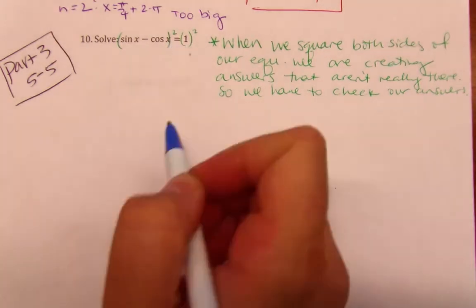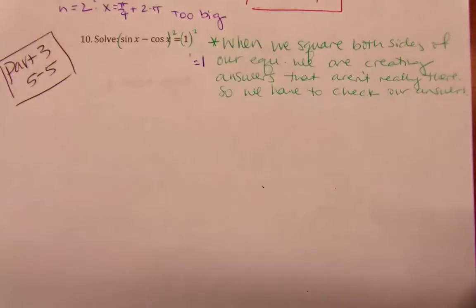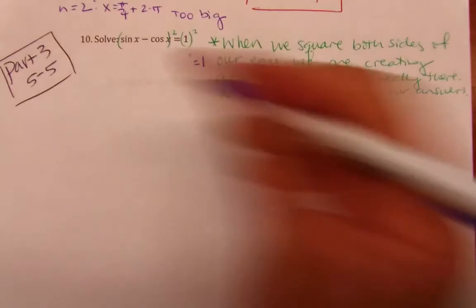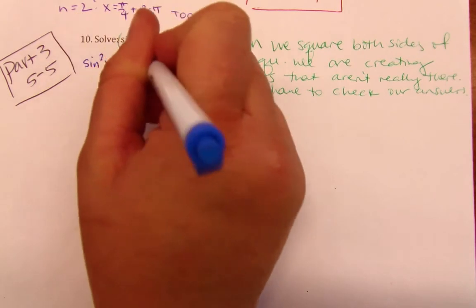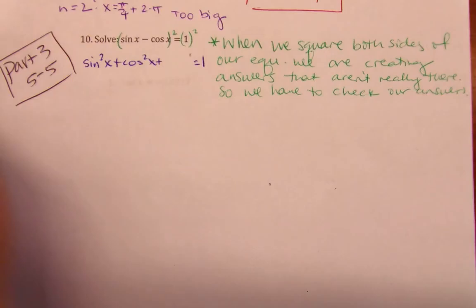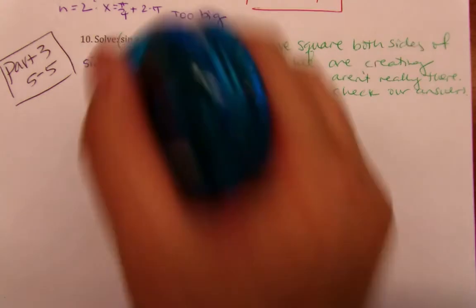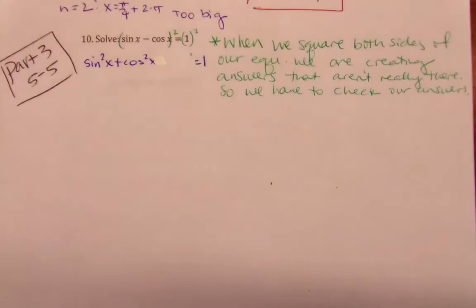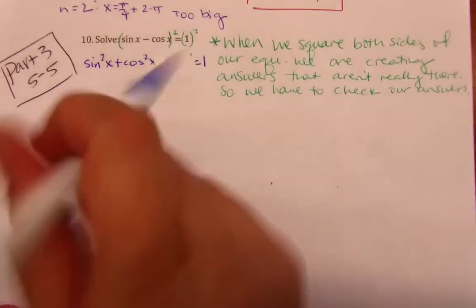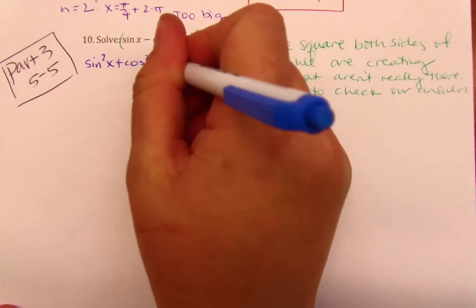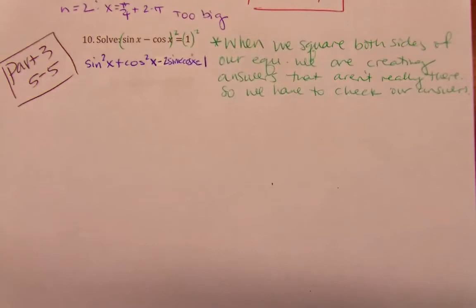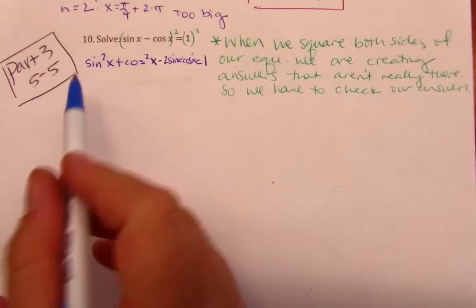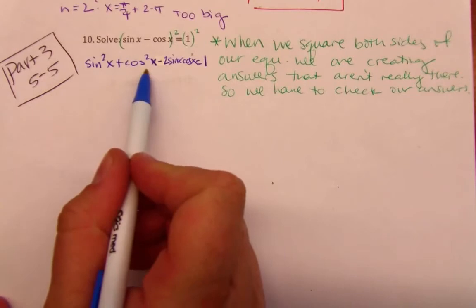So squaring both sides, we get 1 on the right side, and on the left side, we're going to get sine squared x plus cosine squared x minus 2 sine x cosine x. Okay, sorry, I had to squeeze that in there. So we know that sine squared plus cosine squared is equal to 1, so we can replace that.